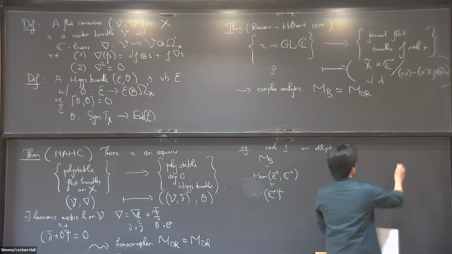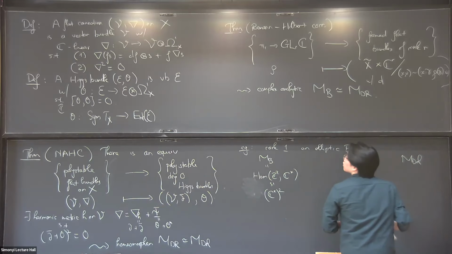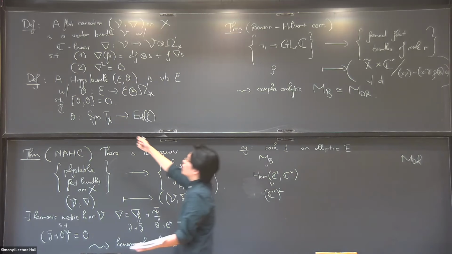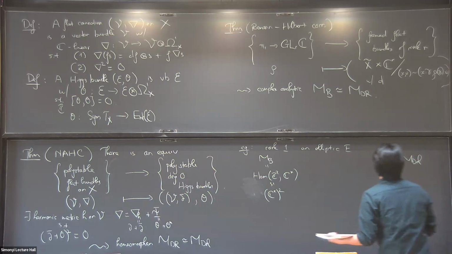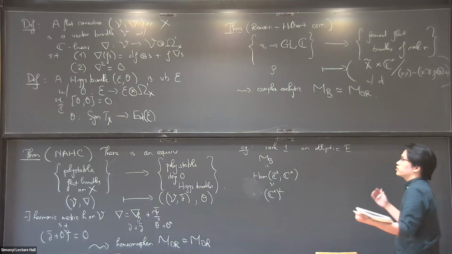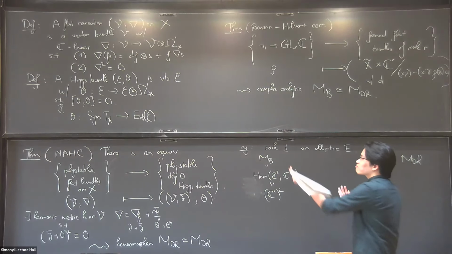The Dolbeault space is also easy. So we are on a curve, so this semistability condition is automatic. So this Dolbeault space is just the space of a degree 0 line bundle on E equipped with some Higgs field.